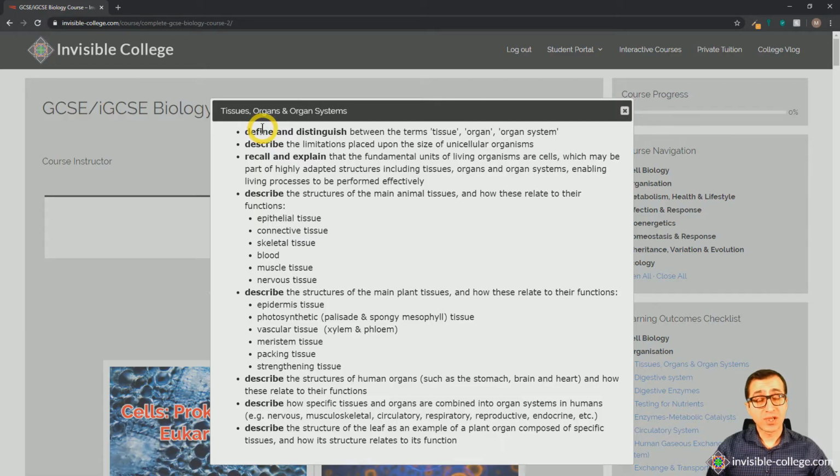We're also going to look at something that we encountered in that last topic on cell biology: the idea that single-celled organisms and single cells in general are limited in their size and their growth by the surface area to volume ratio that they have, and the necessity for them to obtain the substances needed to support their metabolism, things like oxygen, for example, by diffusion through their cell membranes.